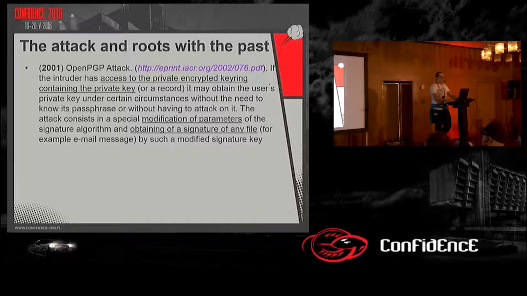If you had access to the keyring containing the encrypted private key, and you could manipulate the file and modify some parameter, maybe with bit flipping and things like that, and you could get a signature signed with that modified key, you could basically derive the private key as well. But all these attacks were demonstrated assuming you had local access to the machine.